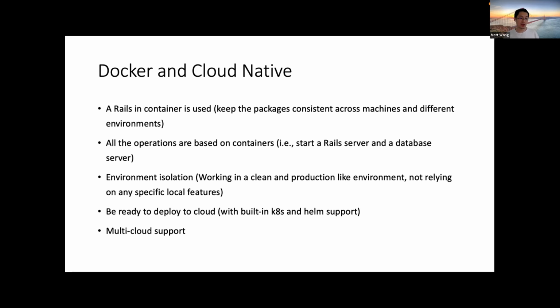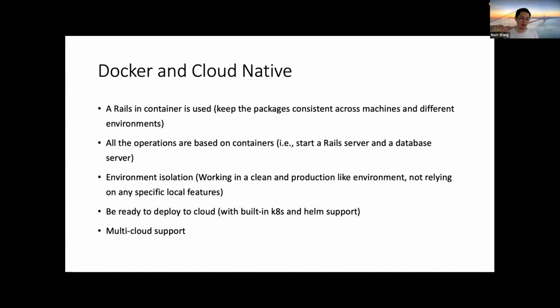And with Docker and the profiles generated during the creation of the Rails project, the Kubernetes files and Helm charts files will be generated. So in that case, your project is ready to deploy to cloud from the start.